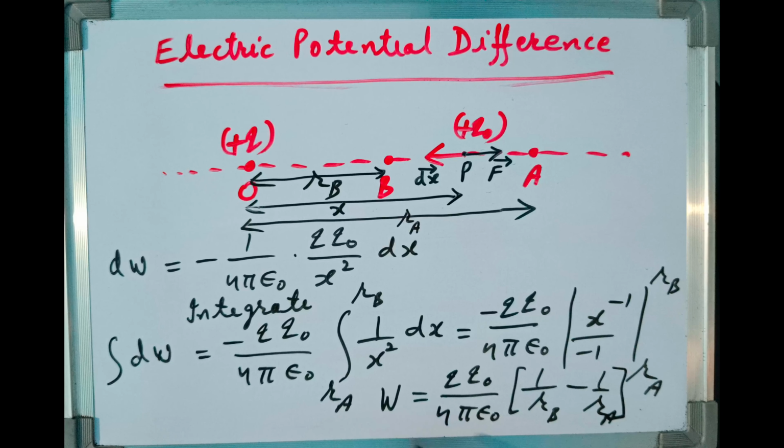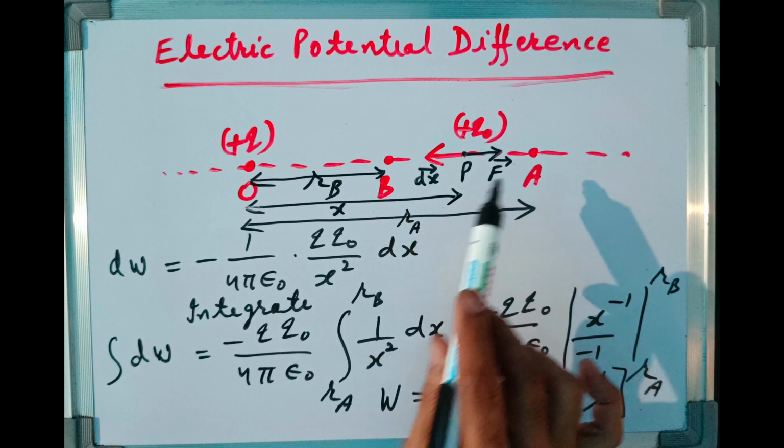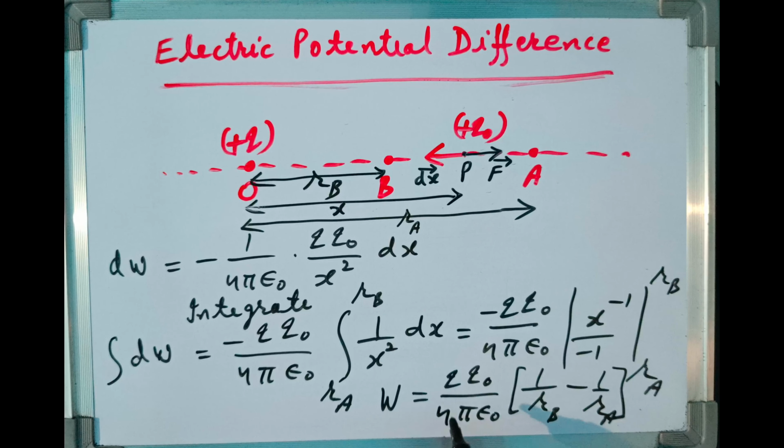So this is the value of work done in moving the test charge from point A to point B. If I divide this work done by the test charge, I will get expression for potential difference.